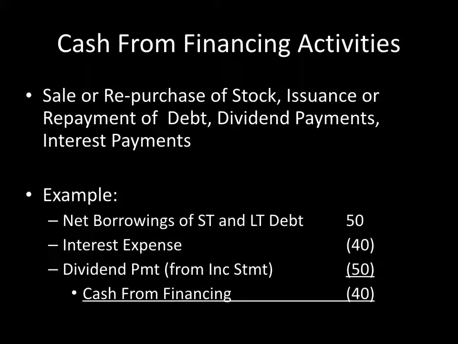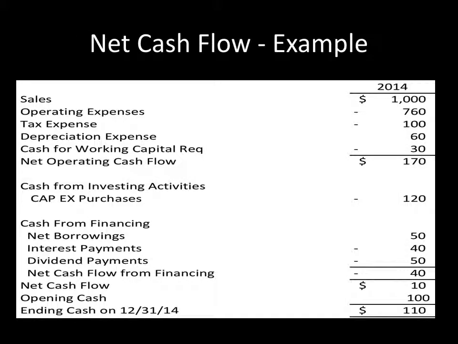So we created cash from operations, which included depreciation. We spent some on fixed assets and other things, but we also spent some money on our financing activities. So if we look at it all combined, you can see that cash from operations was 170 plus. We spent 120 on capital expenditures, mainly the fixed assets.